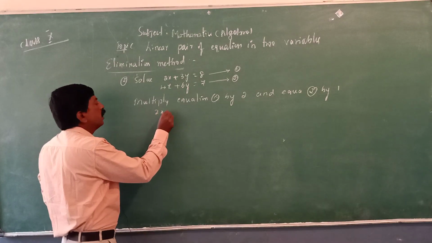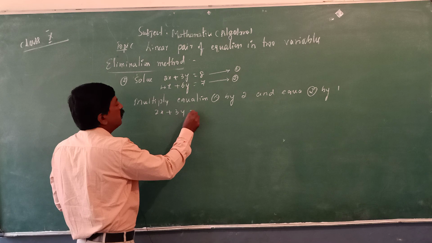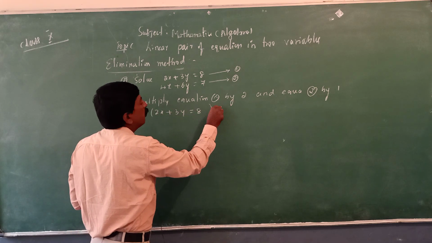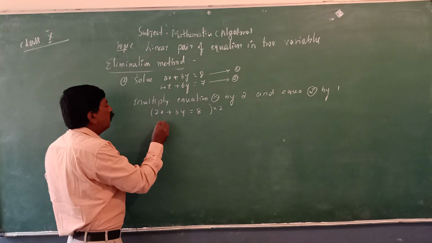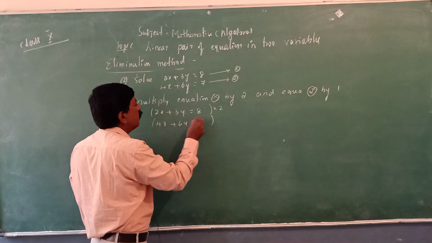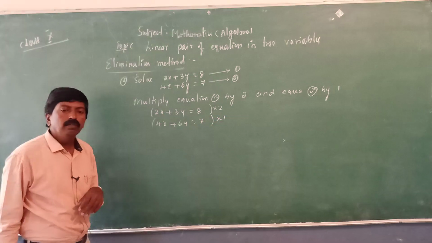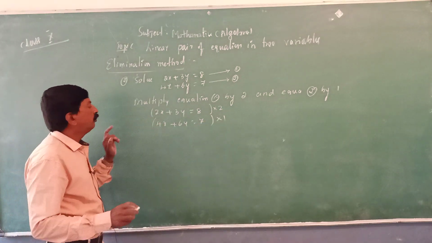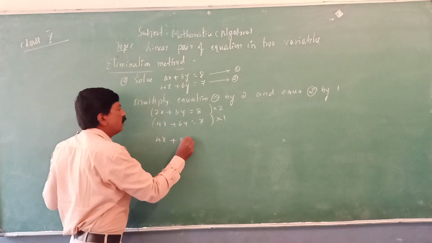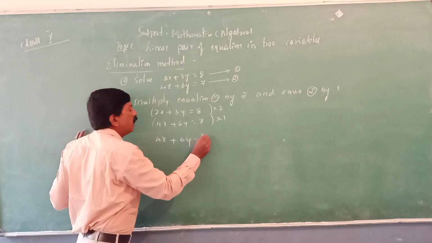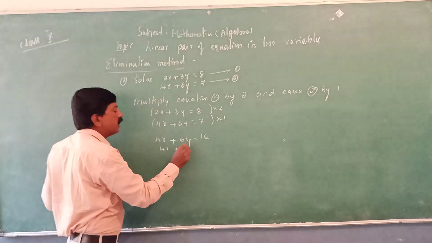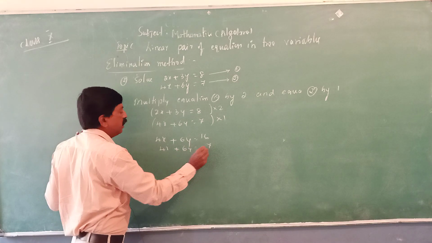Therefore, 2x plus 3y is equal to 8, multiplied by 2, and 4x plus 6y is equal to 7, multiplied by 1. Now, 2 twos are 4x plus 2 threes are 6y is equal to 2 eights are 16. Again 1 four is 4x, 1 six is 6y, 7 ones are 7.